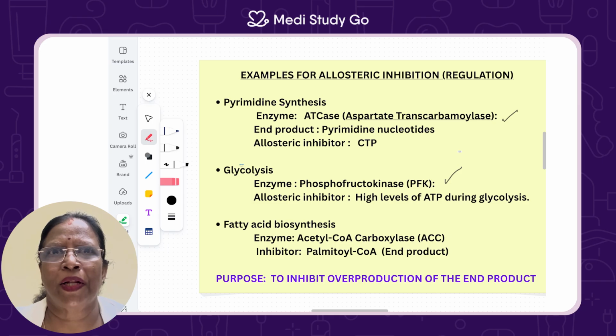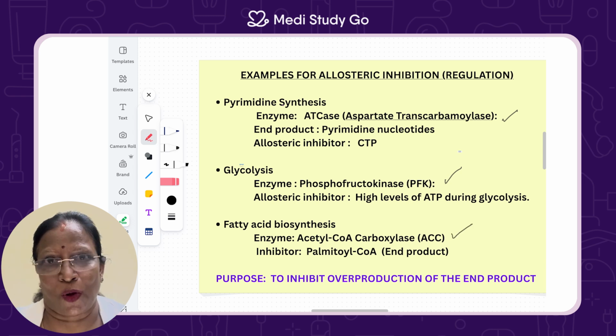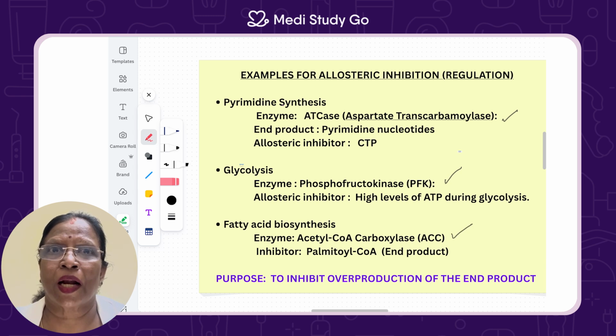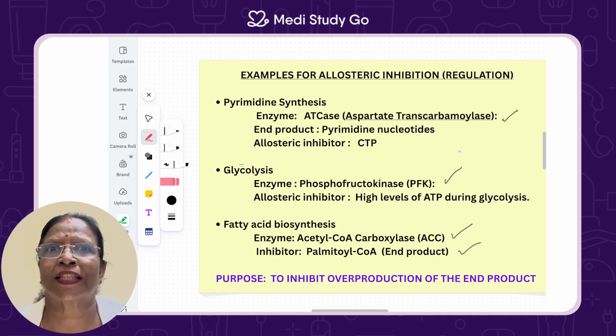The third example is in fatty acid biosynthesis. The first reaction of fatty acid biosynthesis is by the enzyme acetyl-CoA carboxylase. Acetyl-CoA carboxylase can be allosterically inhibited by fatty acyl-CoA, the end product of the pathway. When there are adequate fatty acids inside the cell, fatty acyl-CoA will bind to acetyl-CoA carboxylase and inhibit it till the fatty acid level comes down.